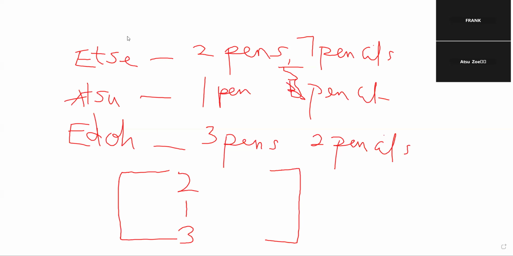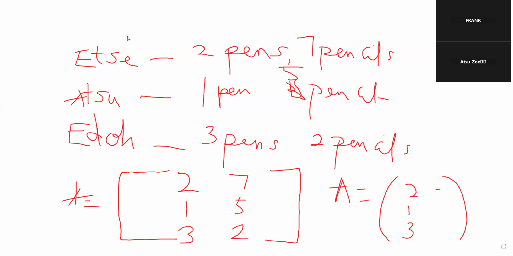And the pencils should be at the other side, seven pencils for Echi, five pencils for Achu, and then two pencils for Edu. So when you put it together like this, that's a matrix. It can be arranged like that, or you can put it in brackets like I'm doing. So two, one, three, then seven, five, two. And that is matrix. So you see, we've arranged the pens and then pencils in rows and columns.